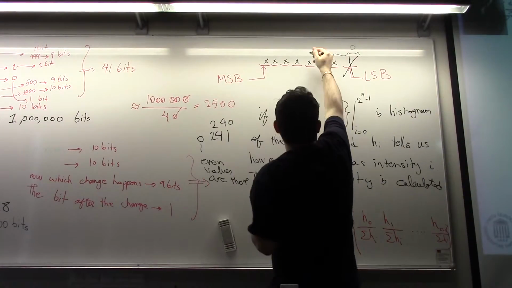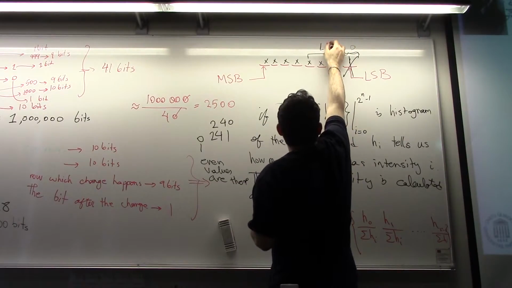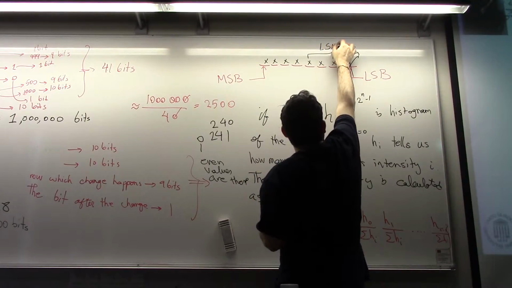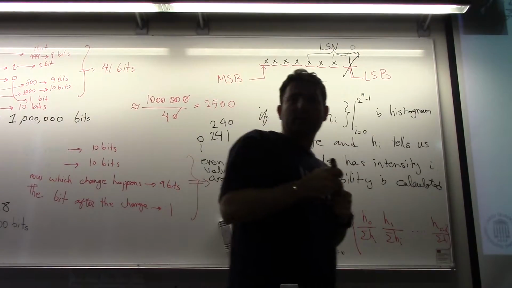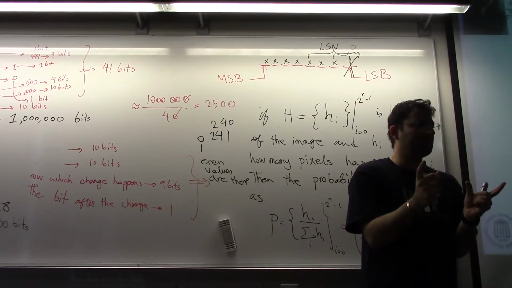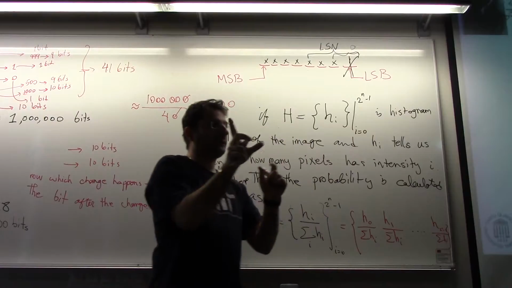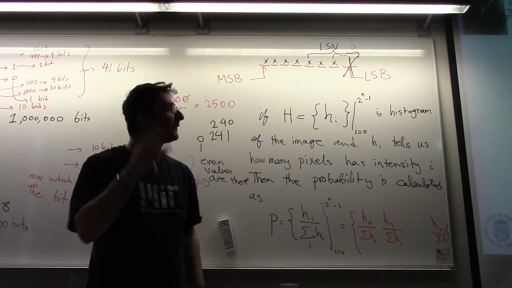If we have an 8-bit representation, I can kill the least significant. What is the name of these first four? Nibble. You know that a byte has 2 nibbles, right? The first 4 is the least significant nibble. The second 4 is the most significant nibble.